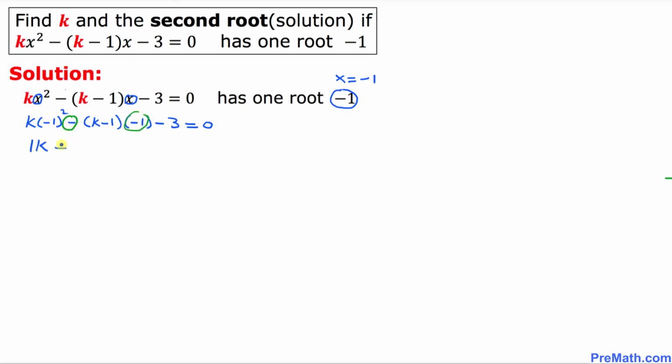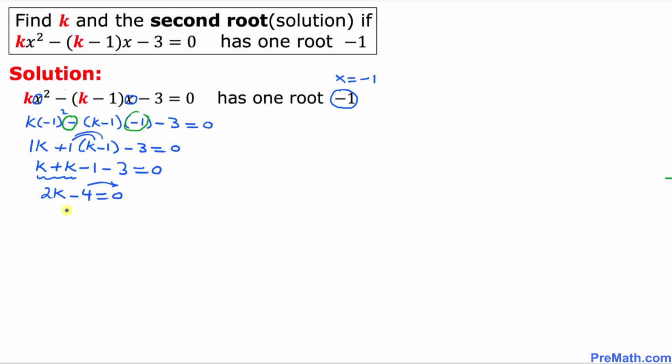So I'm going to put down +1 times (k minus 1) minus 3 equal to 0. So this is 1k, same as k, plus 1 times (k minus 1). Let's go ahead and distribute this one. So that's going to be plus 1k minus 1 minus 3 equal to 0. Let's combine these k: 2k minus 4 equal to 0.